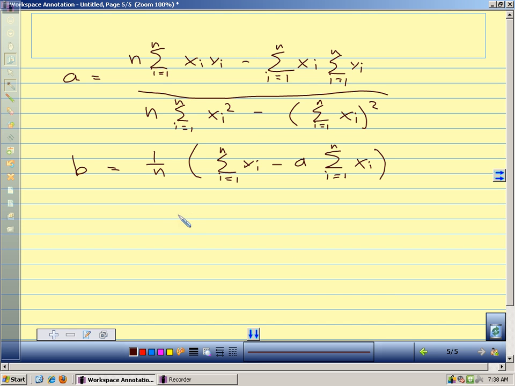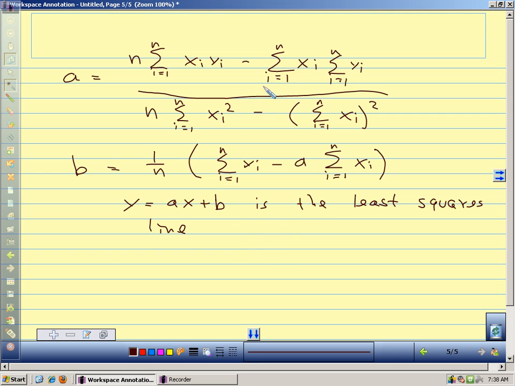And y equals our line, ax plus b, is the least squares line. So using the tools that we've just developed, we could go through this process to calculate a least squares line.